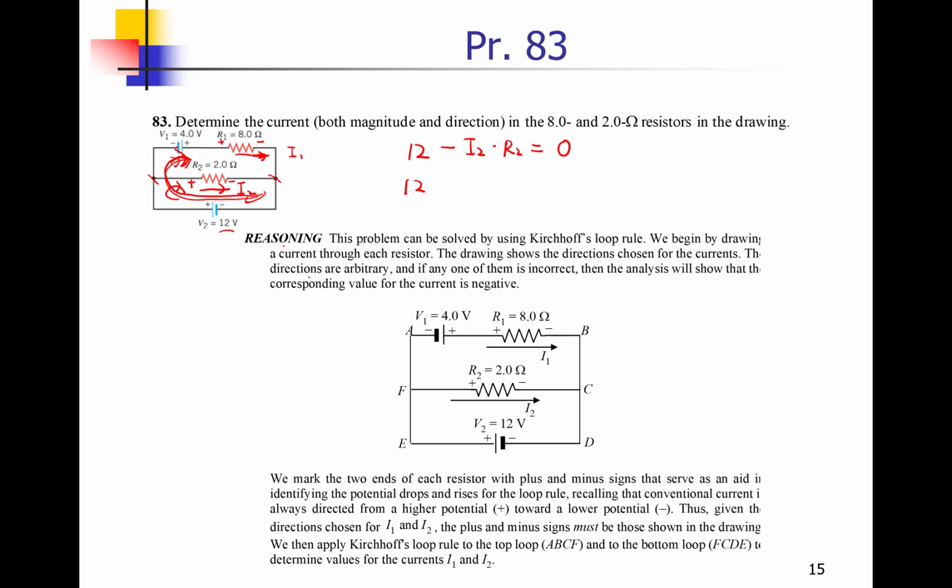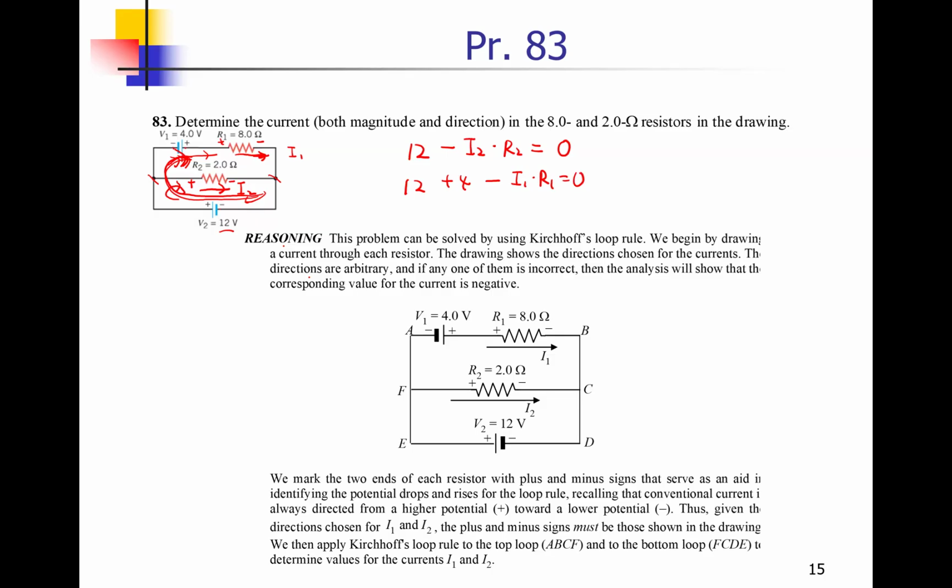And this loop here, from negative to positive, we also have a potential rise, so it's plus 4. Then the loop goes through the charge from positive to negative, so it's a potential drop. So we have I1 times R1 equal to 0.